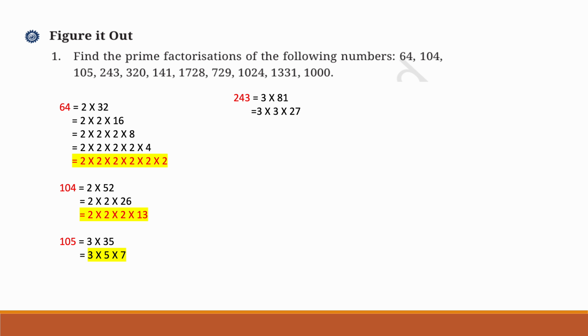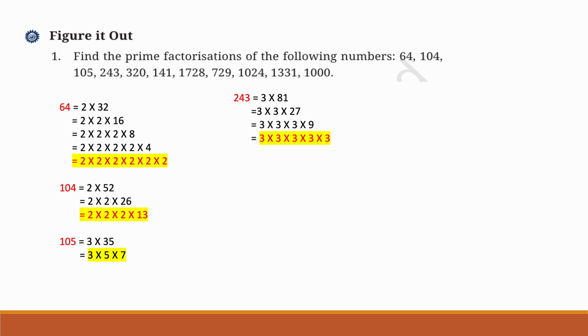So 81 is a composite number. We can rewrite it as 3 into 27. Again 27 is a composite number. We can rewrite it as 3 into 9. Then again 9 is a composite number. We can rewrite it as 3 into 3. So the prime factorization of 243 is 3 into 3 into 3 into 3 into 3.